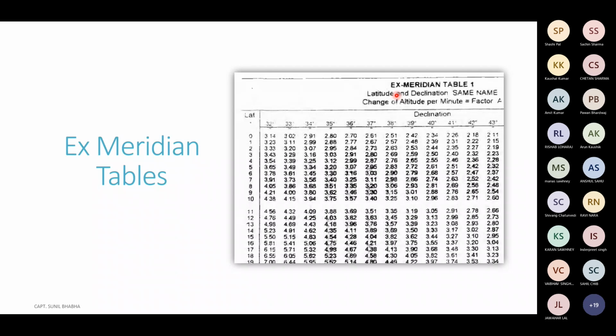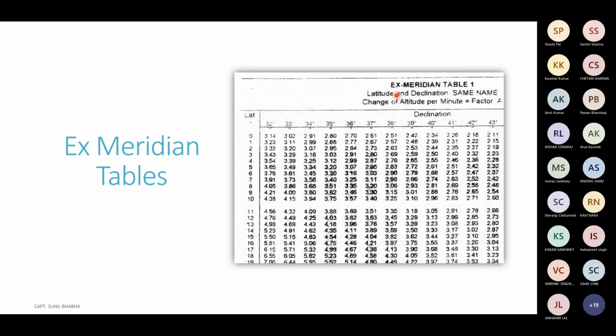In the olden days, when we did not have calculators, all these 4 tables were used to work out an X meridian sight. But nowadays, the calculations are done with scientific calculators. So we do not require table number 2 and 3. Their purpose is solved using a calculator, but we require table number 1 and table number 4 to obtain the X meridian limit.